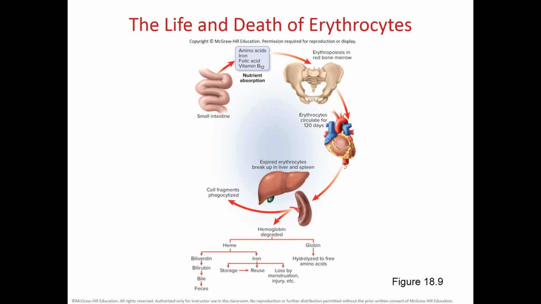Now, if you think about when someone has a bruise or a black eye, you have hemolysis of red blood cells under your skin. Within a few days after you have the black eye or the bruise, you see a change in color from black to green.